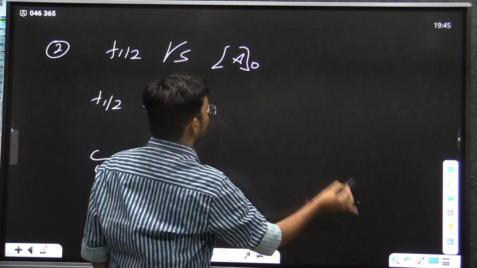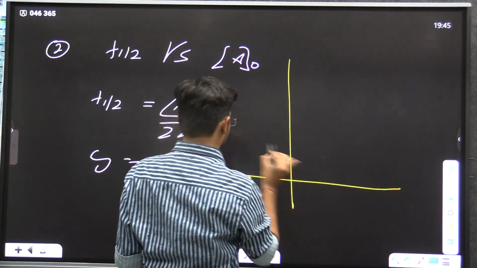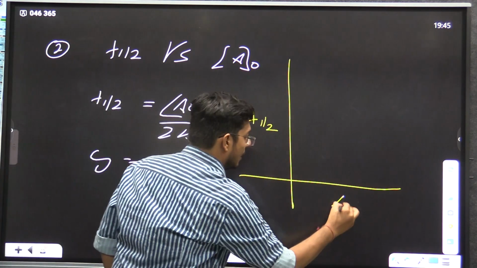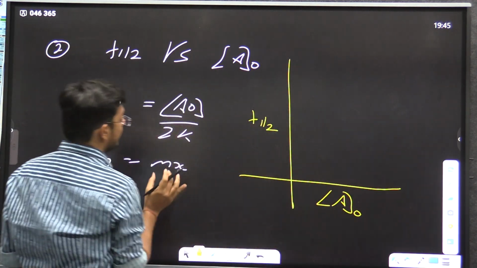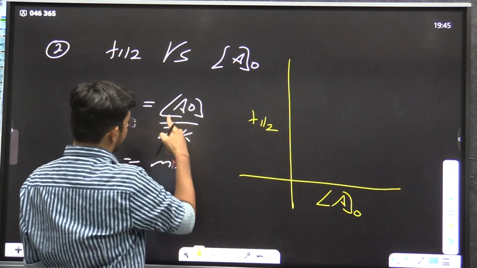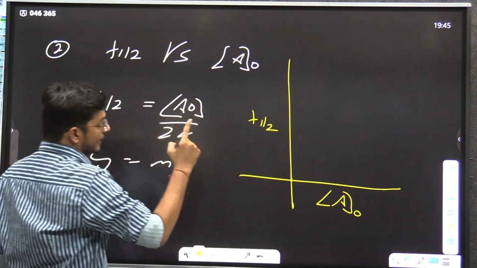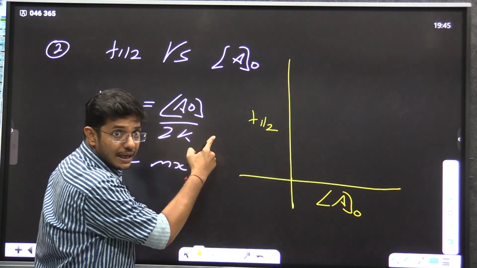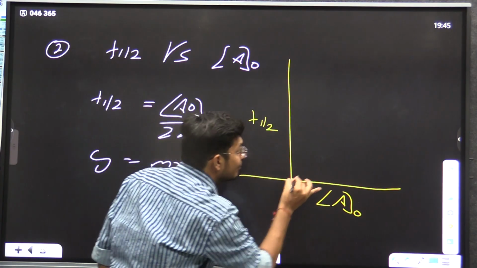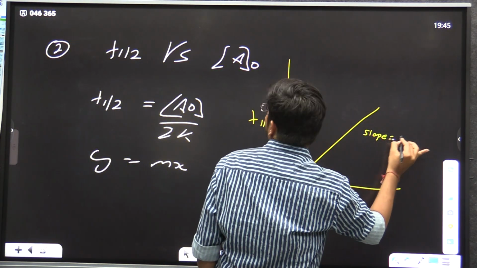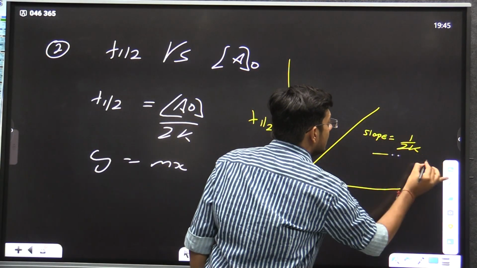T half is along the y-axis and A naught along the x-axis, and the slope is 1 by 2k. The slope is positive with zero intercept, right? So we can start this graph this way, and write the slope as 1 by 2k.